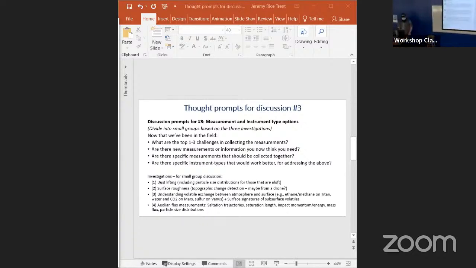Yeah, they had 2, 3, 4. Okay. All right. So I understand there was no online group. Anyway, the first will be the dust lifting group, which, if I remember right, was combined with group number 4, aeolian flux measurements. So if they could come up and present their results or their overview.